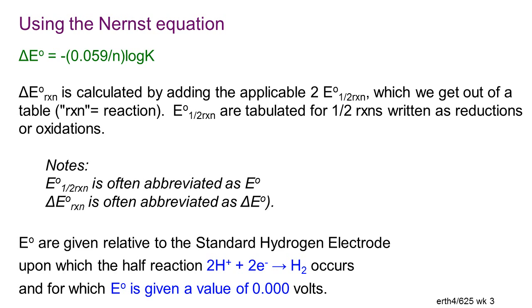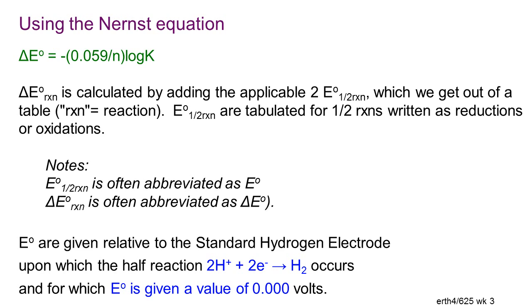And we use these values that are calculated relative to something called the standard hydrogen electrode, sometimes abbreviated as SHE. Okay? And the standard hydrogen electrode is just, like I say, a standard that we use, which says that the half reaction between hydrogen ions, H+, and hydrogen gas, H2, which is a reduction to go from H+ to H2, we assign that a value of 0.